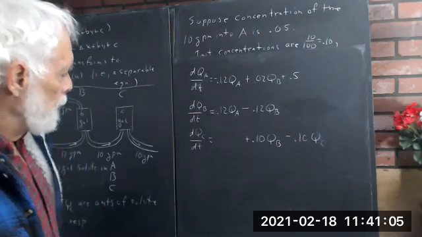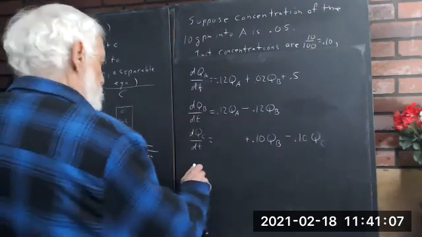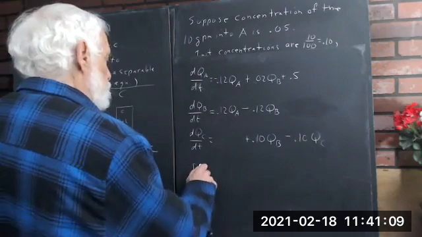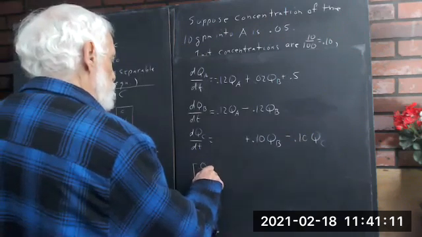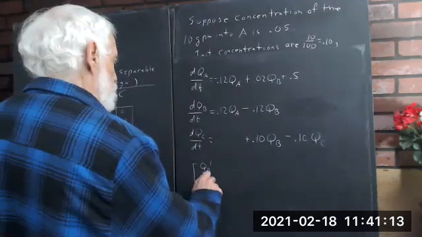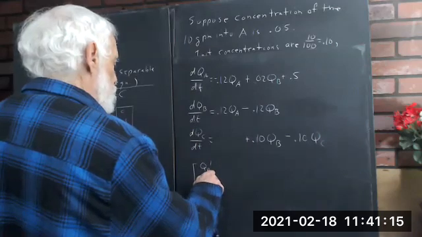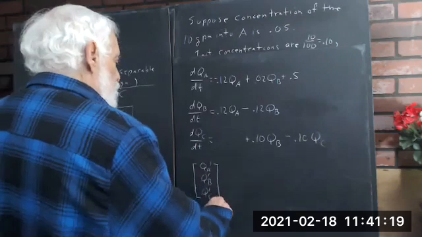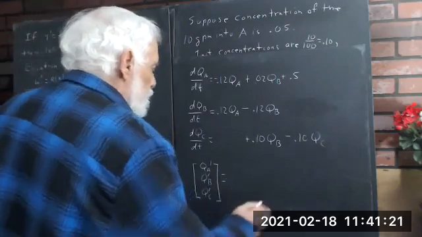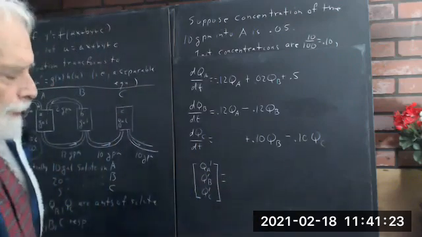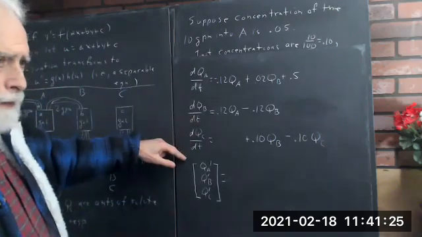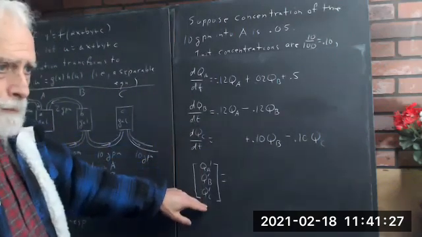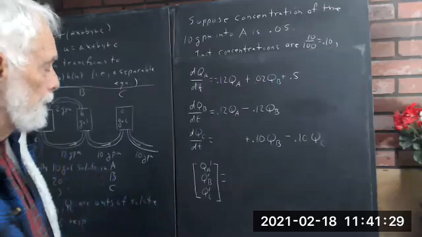You can say then, this can be represented, left-hand side by this column vector.